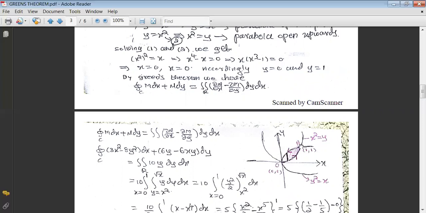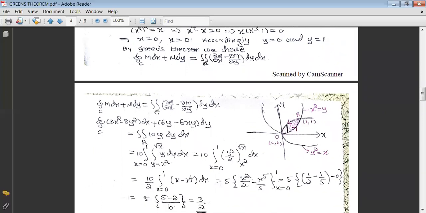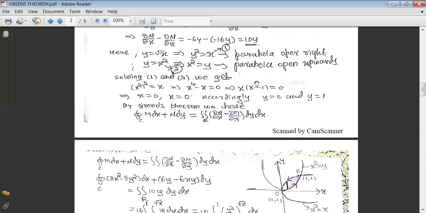Now, if I want to go traditionally with the LHS, I have to evaluate the integral over two subcurves, one is OA and one is AO. Rather than that, if you go with the RHS, it is the double integration over the region R of (∂N/∂x − ∂M/∂y) dy dx. The difference equals 10y, so we have the double integral of 10y dy dx.